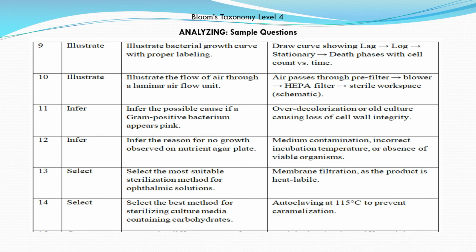Another is: illustrate the bacterial growth curve with proper labeling, where we can draw the graph. We have to draw the curve showing the lag, log, stationary and death phases, with cell count versus time. So this is the knowledge we have to gather from questions where we apply different phrases related to the analyzing level of Bloom's taxonomy.